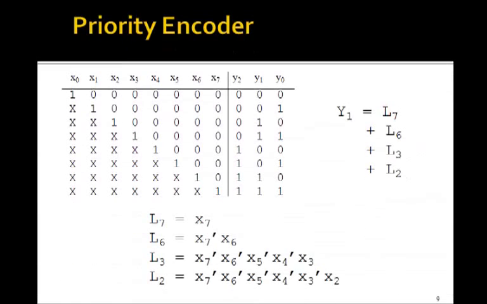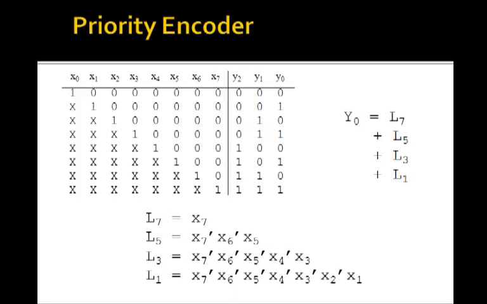There'd be a similar one for y1. Looking at these ones, you have an L7 or L6 or L3 or L2. L7 and L6 are the same as we had before. L3, for example, would be not x7 and not x6 and not x5 and not x4 and x3, and similarly for L2.